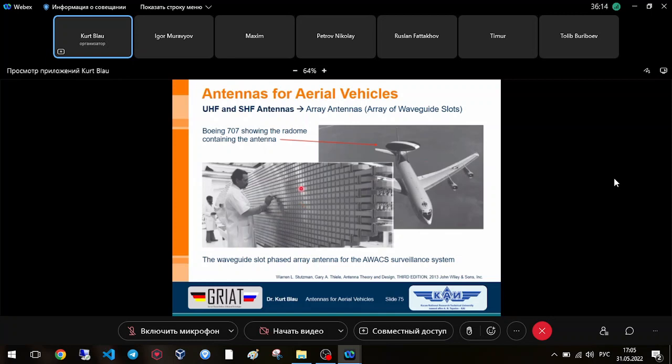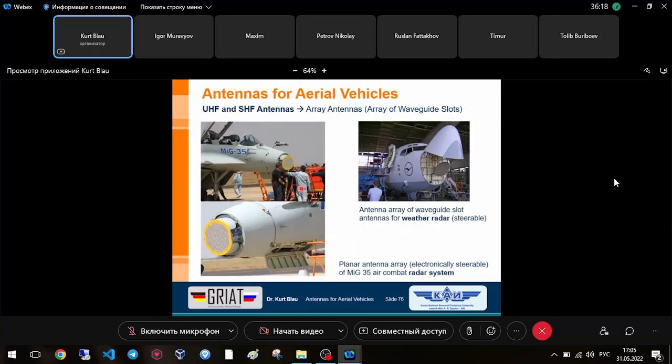This is a military application, and here we have other examples of such steerable array antennas. In the case of the MiG-35, it's also for a radar system, maybe for weapons, and it's steerable in this case electronically, not mechanically.